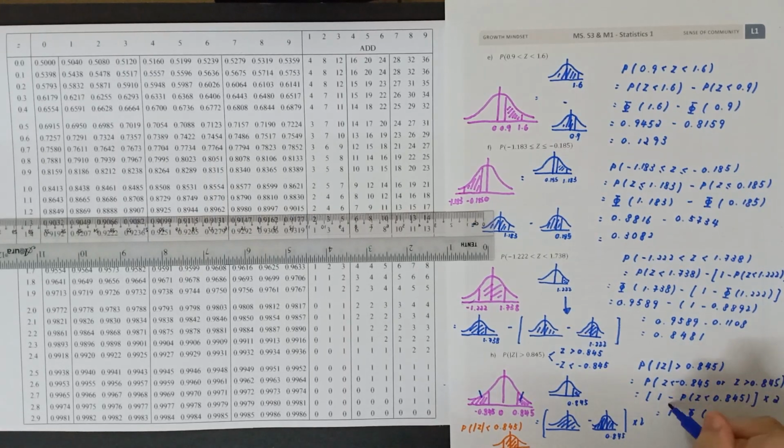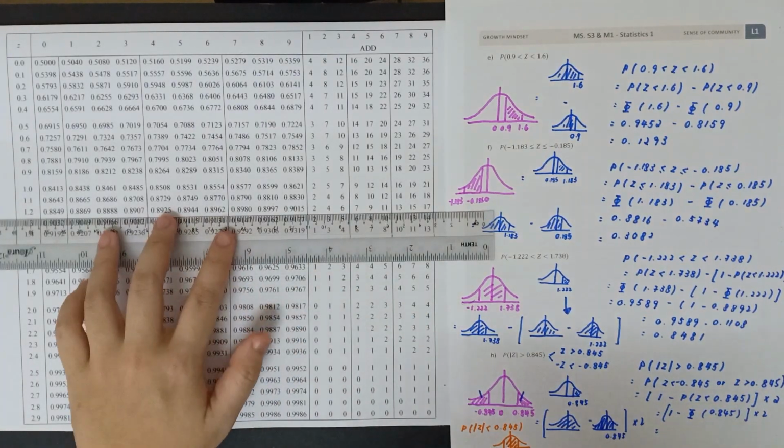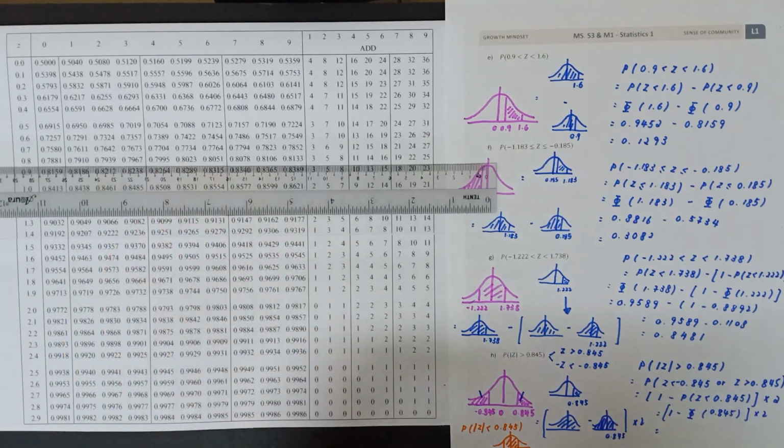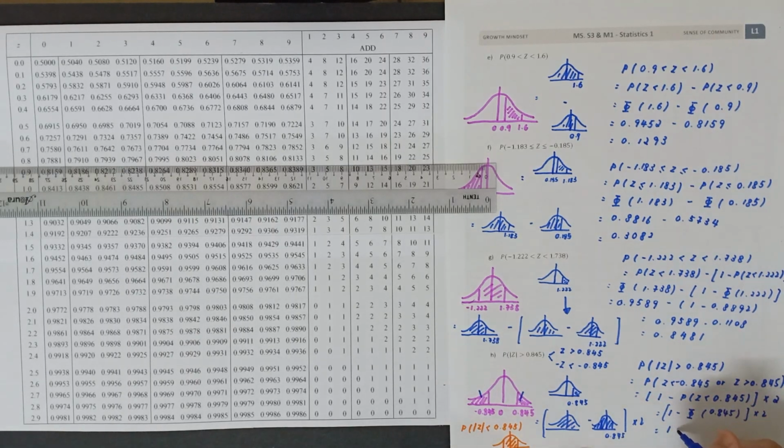The whole thing, 0.845. Same thing, reading 0.845 for 0.7995 plus 0.0014, then I will get... maybe I write down 1 minus (0.7995 plus 0.0014).